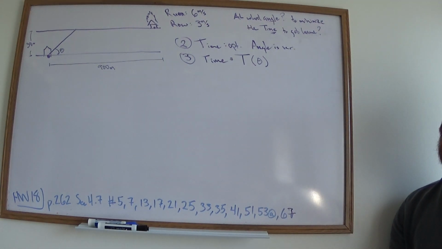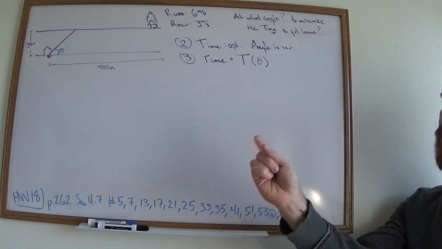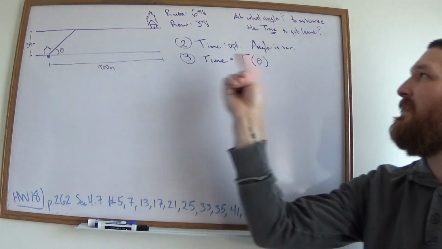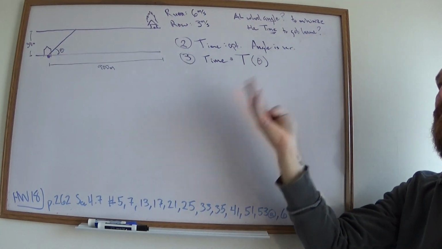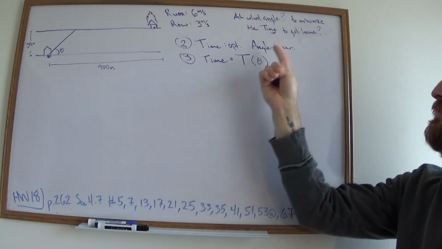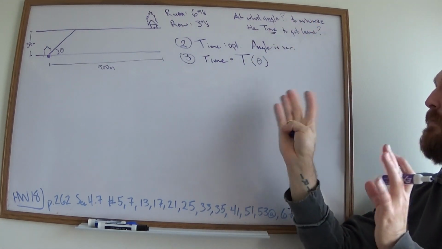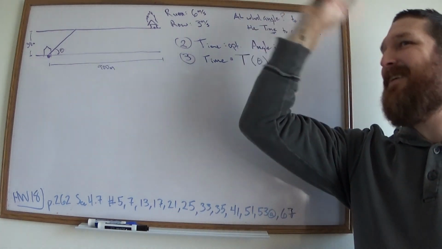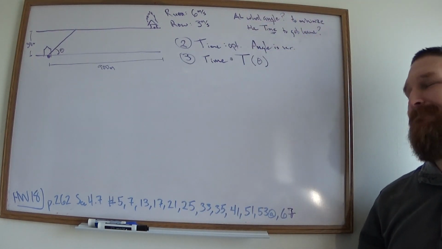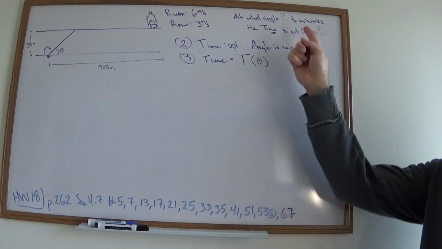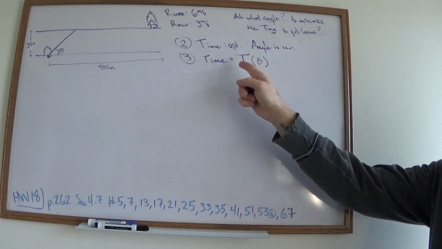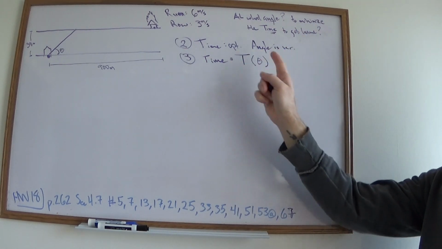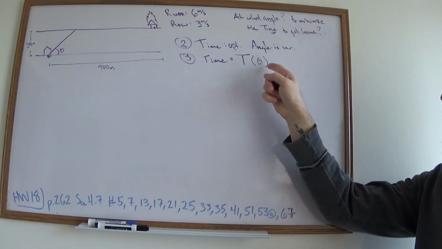Is to find a function whose input is angle, because that's the thing you could change, and that's what I mean by variable. Identify the variable, the only thing that you can change. And in this case, this is weird, right? Because it's asking you at what angle, and you think, the angle's the thing I want to optimize. Nope. Because to minimize the time, our output needs to be time, and it has to be a function of angle.